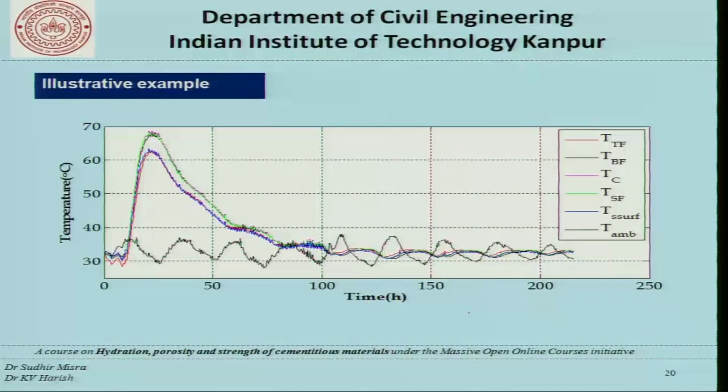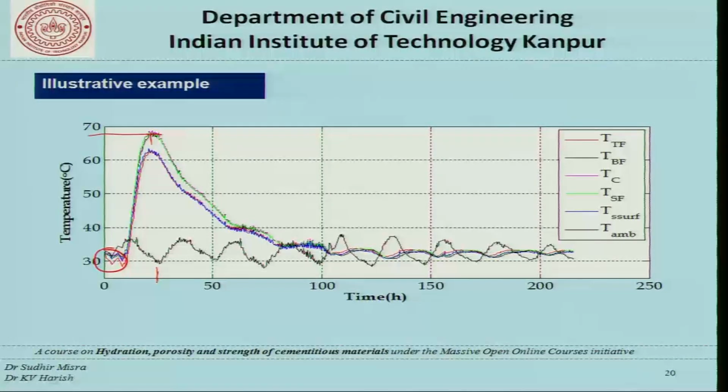This picture is an actual illustration where the temperature of a block of concrete was monitored in the lab, and we found that the temperature starting at about 30 degrees goes up to as much as 70 degrees, and this rise happens in about 25-27 hours.